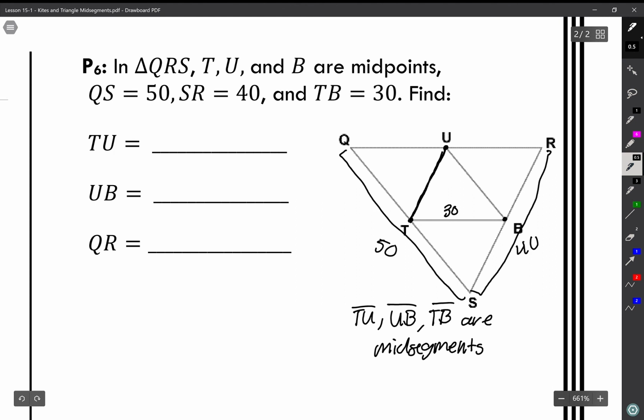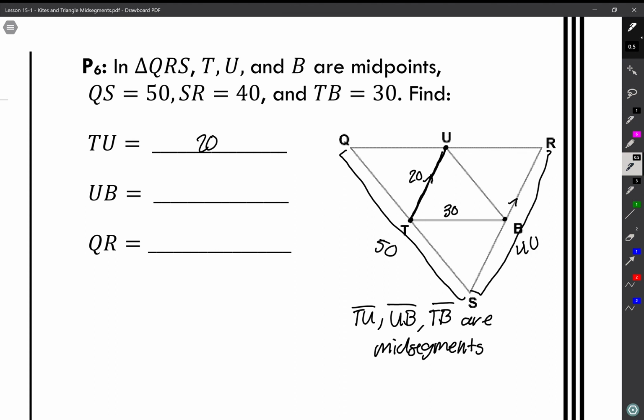TU is this right here. This is a triangle midsegment, like we said, and for our third side we look at the one that's parallel to it, and it's going to be RS. So I know that TU is half of RS from the triangle midsegment theorem. RS is 40, so TU has to be 20. That's just half of it. UB is parallel to QS.